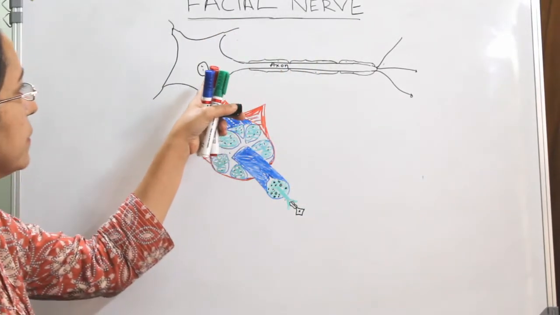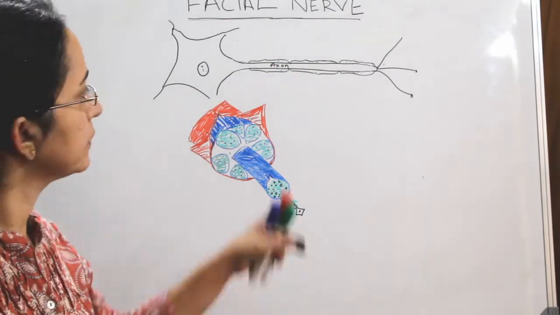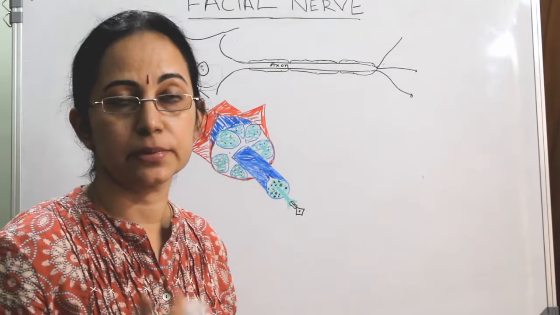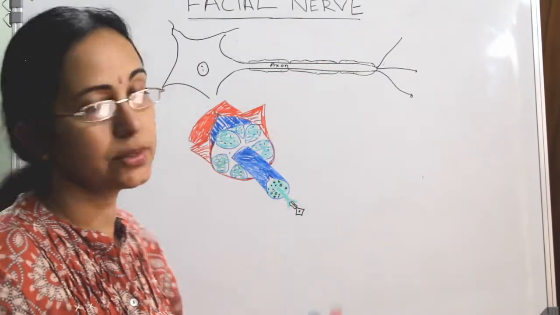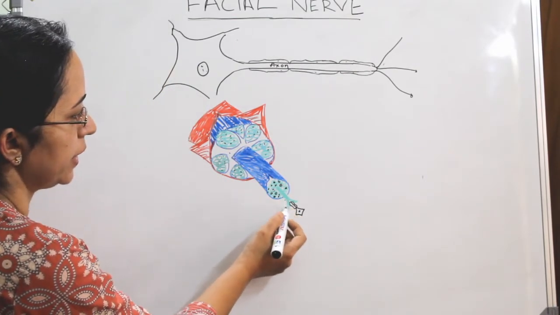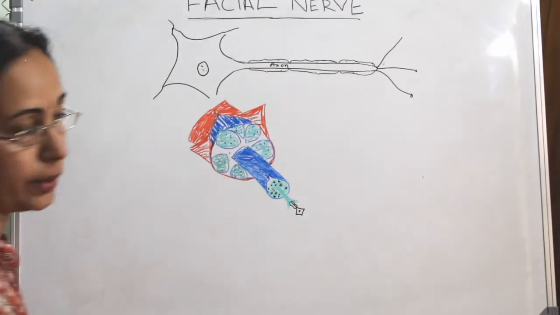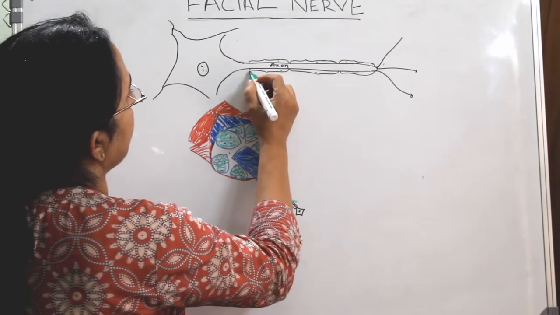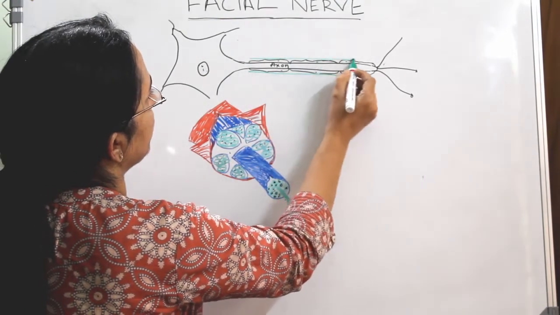So the axon is covered by a myelin sheath, from the myelin secreted from the Schwann cells, right? And around that there is an endoneurial covering, the endoneurium.